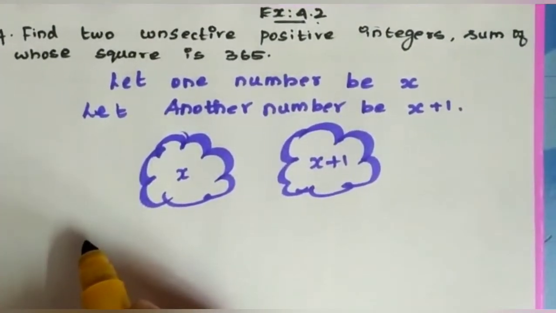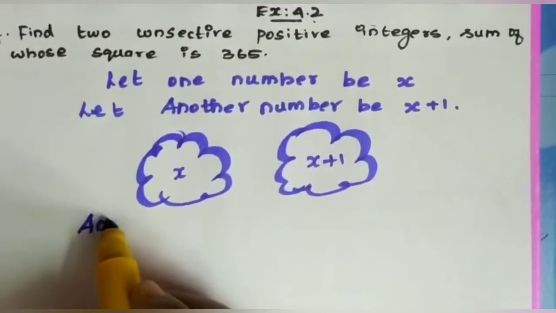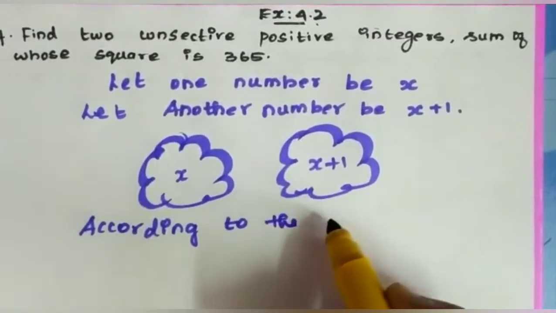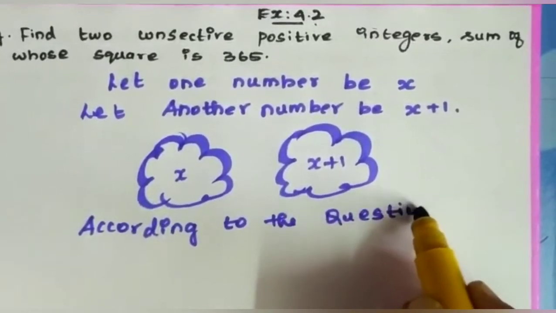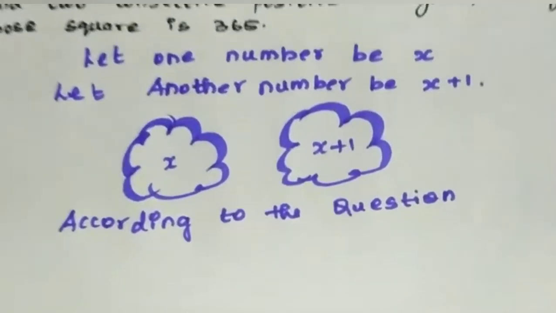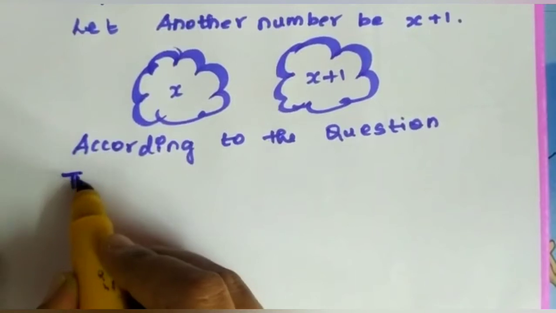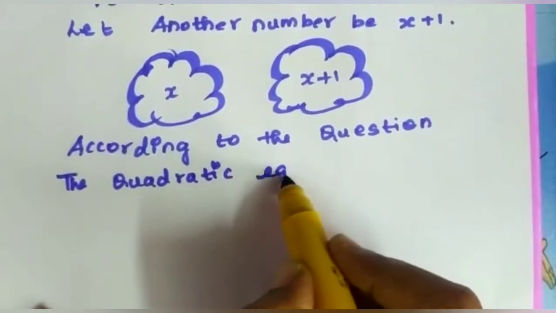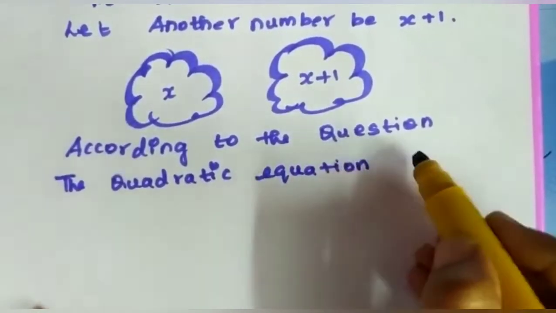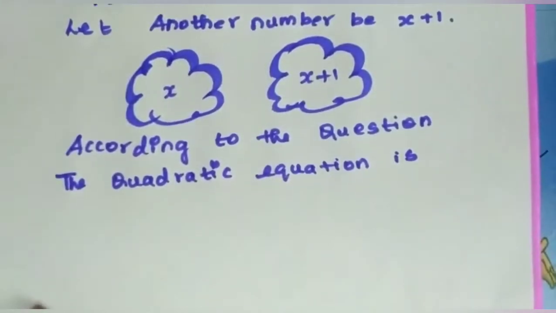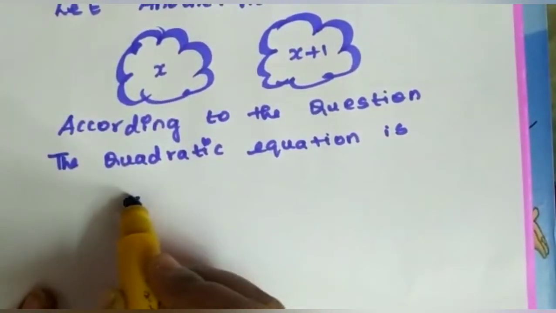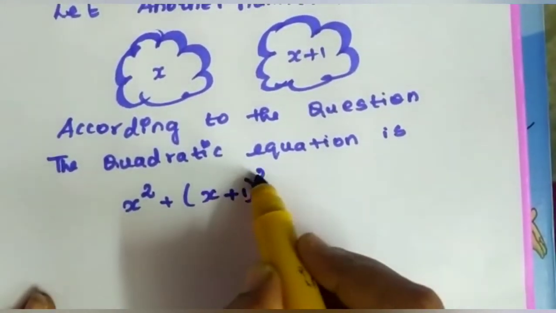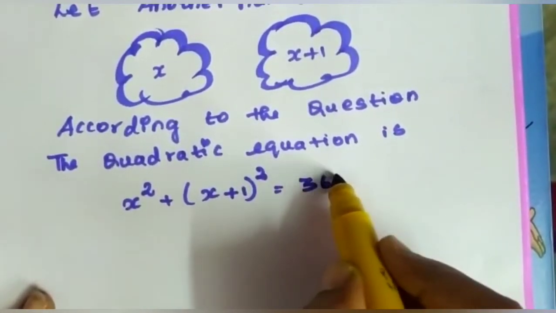Next, according to the question, the quadratic equation is: the first number squared is x square, and the second number squared is x plus 1 whole square, and the sum is equal to 365.